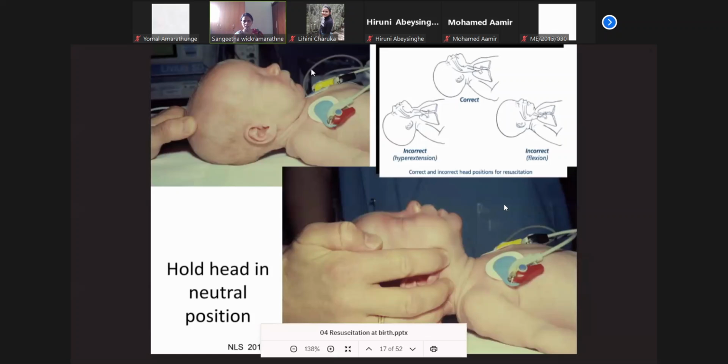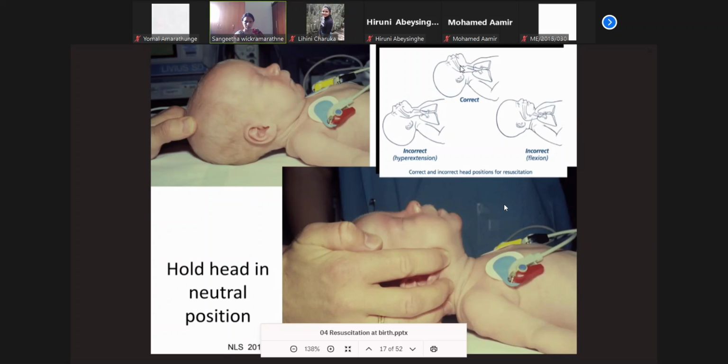So the correct technique should be to slightly extend and keep it like this. Can you see this? A line going through the tragus should be parallel to the floor or the ceiling.